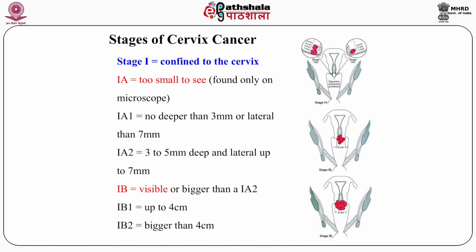1B is visible or bigger than 1A2. Now in this particular stage, disease can be seen visibly, and it is further divided into 1B1 up to 4 centimeter, 1B2 bigger than 4 centimeter.